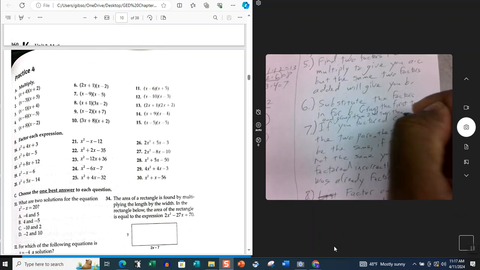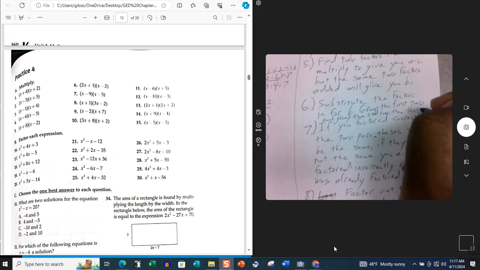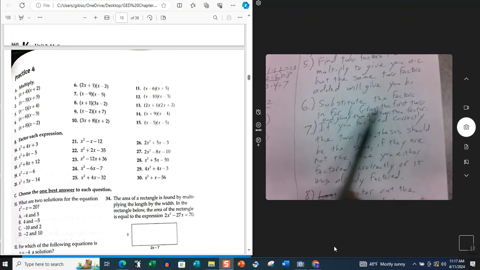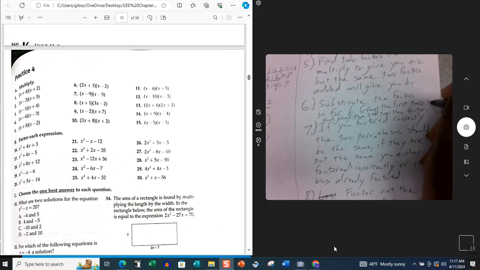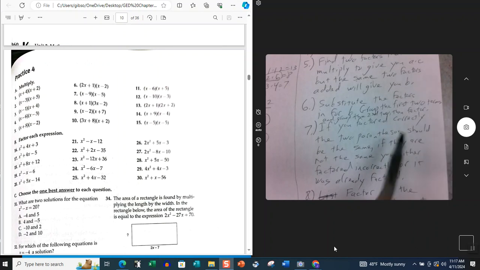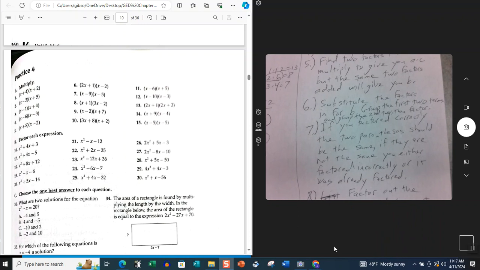Then factor. So that's what I forgot for number 6. Substitute the factors in for b. Then we group the first two terms and group the second two terms, then factor. So you could just add that to your number 6.